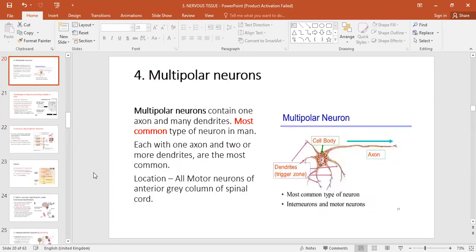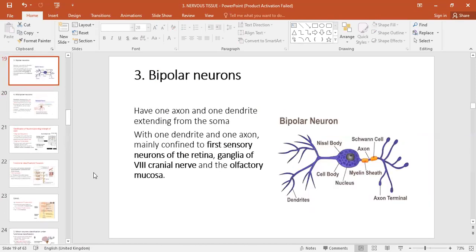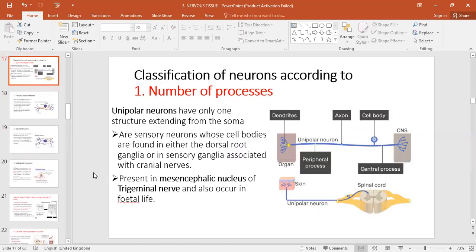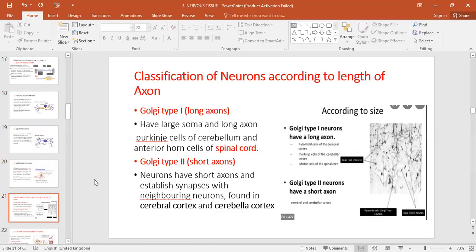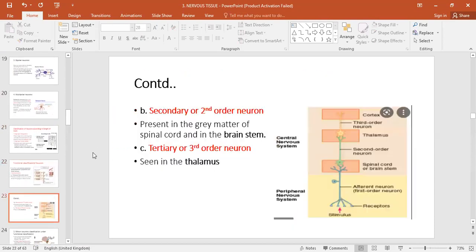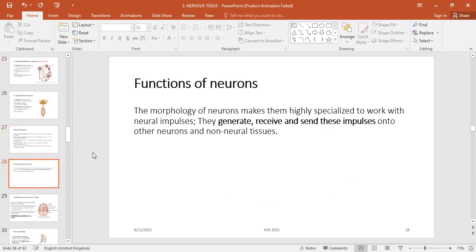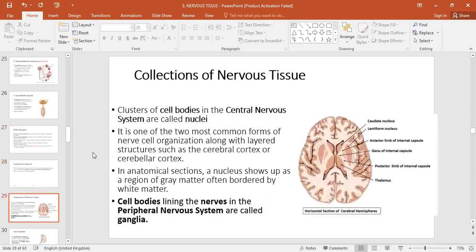Then based on processes, we have unipolar or pseudo-unipolar neurons, bipolar neurons, and multipolar neurons. Then length of axons, we have Golgi type 1 neurons and Golgi type 2 neurons. Okay.